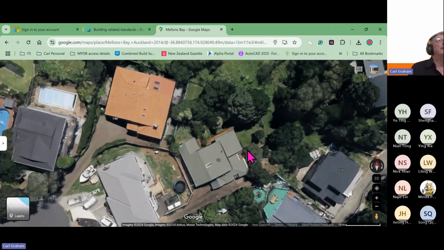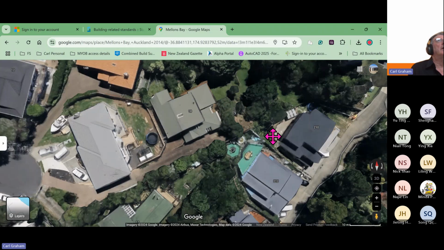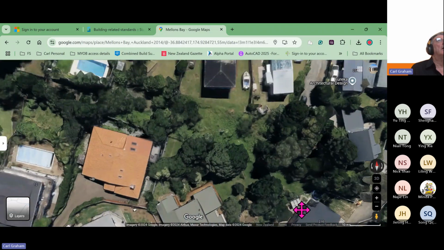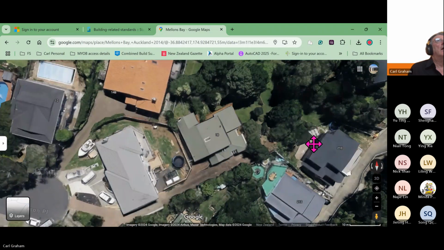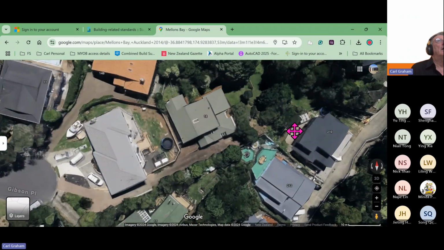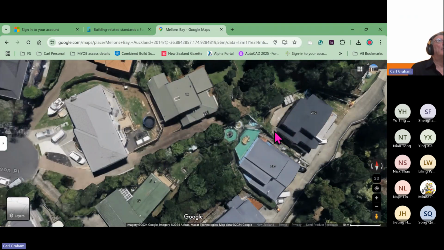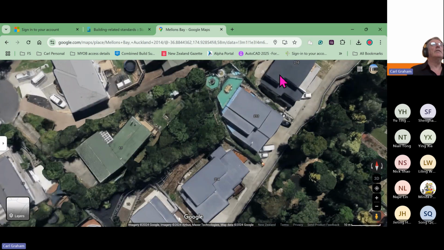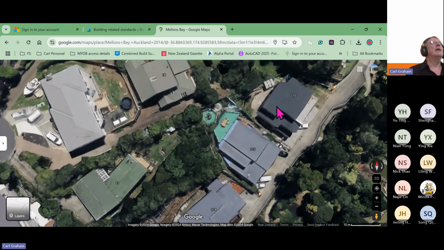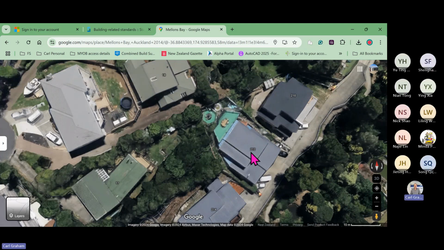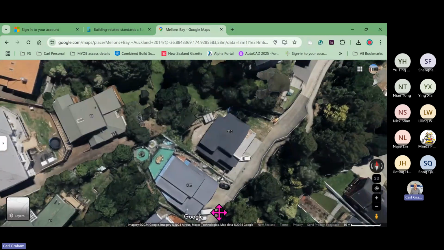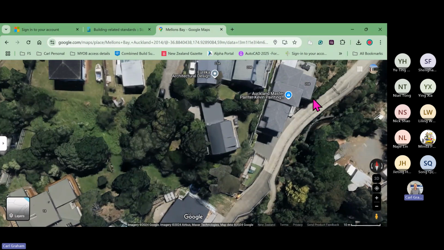They were digging out, and it might be this one here that they were digging out, and I had to go to the building site to check that the dig out wasn't going to collapse this building over the weekend. So yeah, we had to drive out up to the beach.